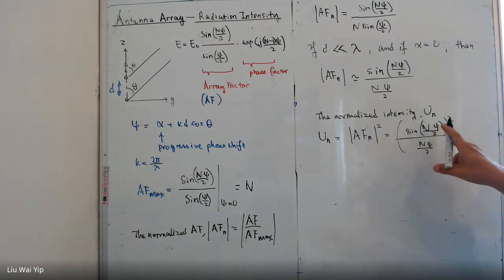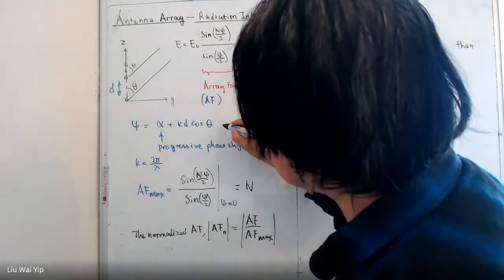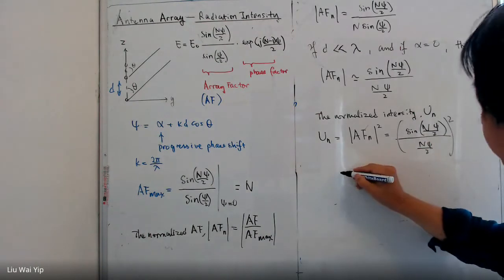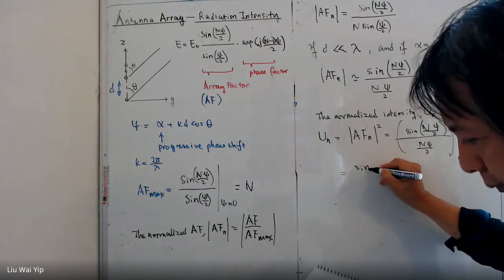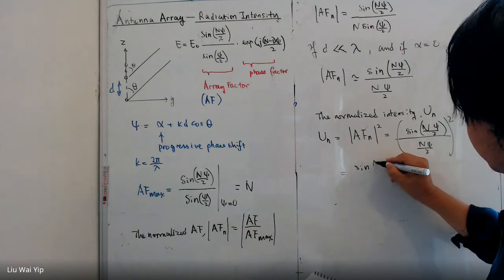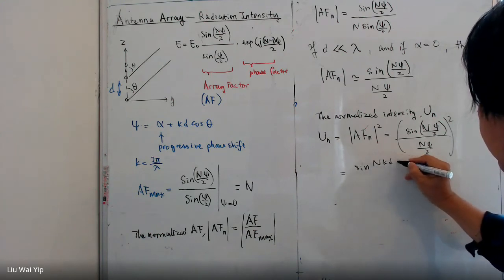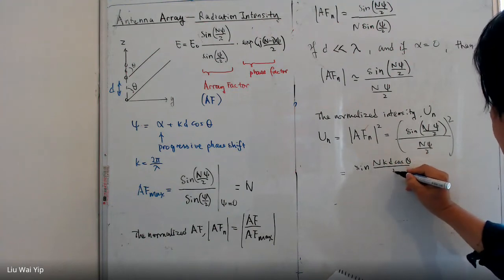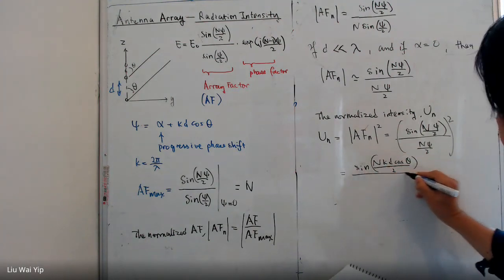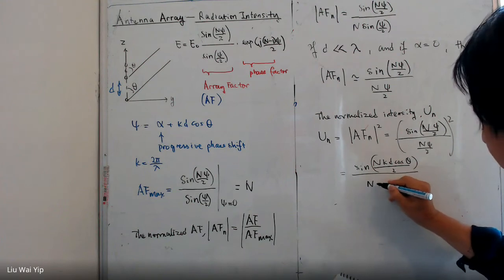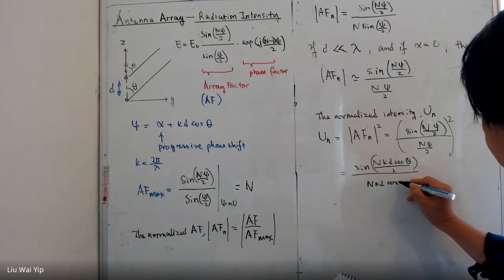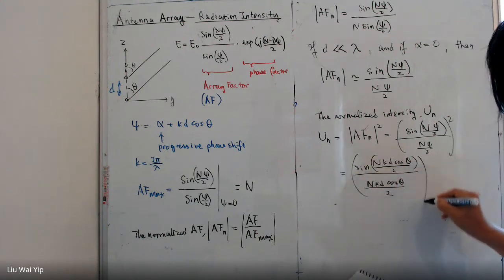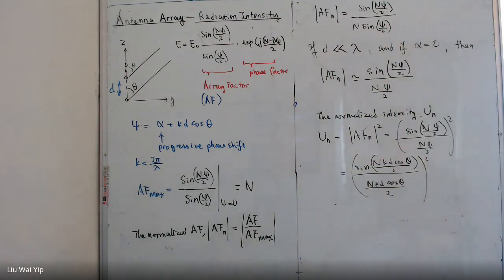If we substitute the value of psi according to this equation here, we will get sine of n k d cosine theta divided by 2, and the bottom expression will correspondingly be sine of k d cosine theta divided by 2. And don't forget that the whole expression has to be squared.